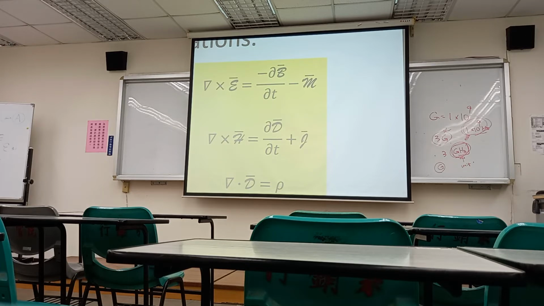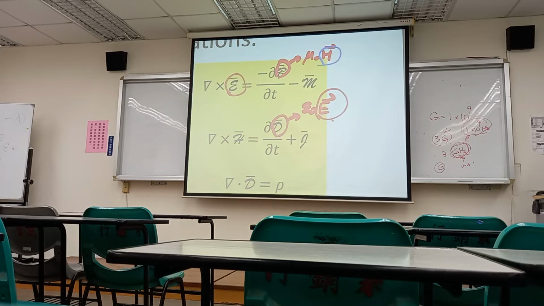B is mu 0 times H, right? D is epsilon 0 times E, okay? So the E field becomes something related to the H field.